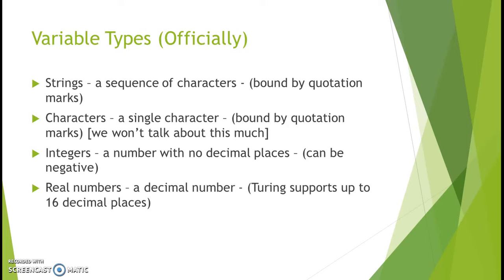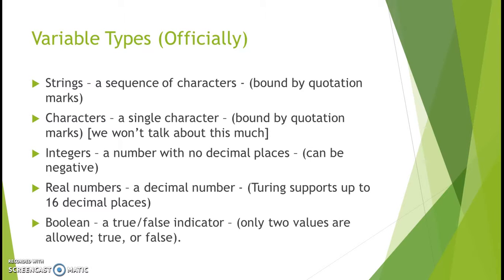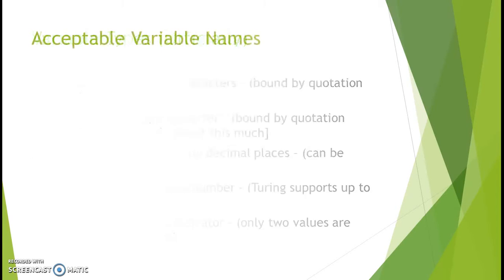And it's worth noting that integers are allowed to be negative under Turing rules. And we can have real numbers. These are numbers that have up to 16 decimal places. We will find that it's very useful to have the idea of a Boolean indicator, a true-false indicator. And for this, there's only two values allowed, true or false.